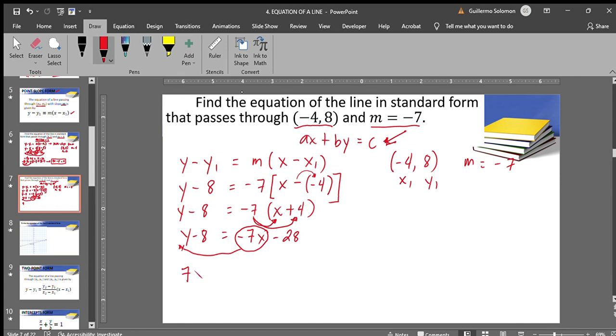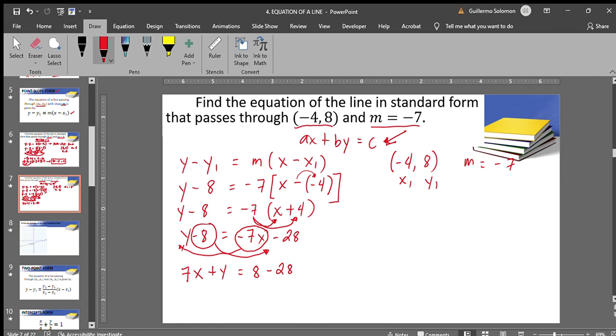Sulat natin sa ilalim, positive 7x. Next, bring down y. Since ang y natin ay positive, so that is plus y. Equals, so from negative 8, lilipat ko siya sa right-hand side. Okay, from negative 8, it will become positive 8. And then bring down negative 28.